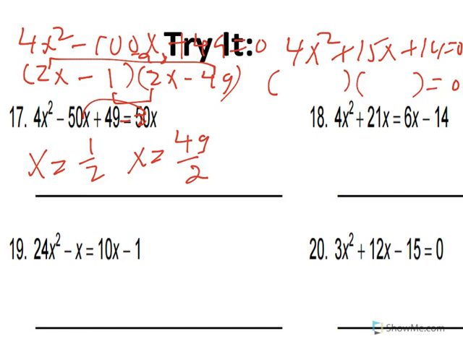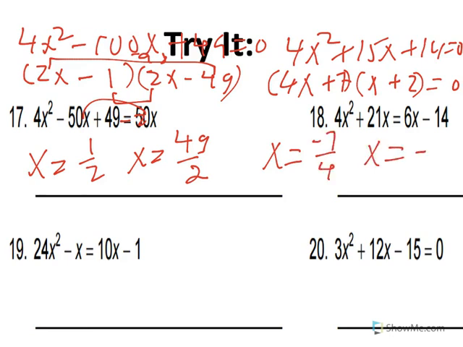So let's try 4x and an x. Try a positive 2 and a positive 7. So our answer will be x equal to negative 7 over 4, or x equal to negative 2.